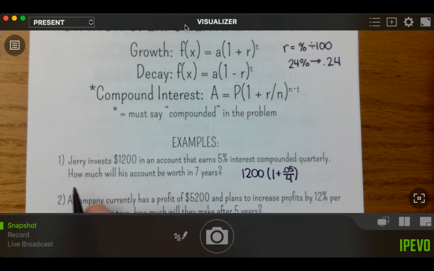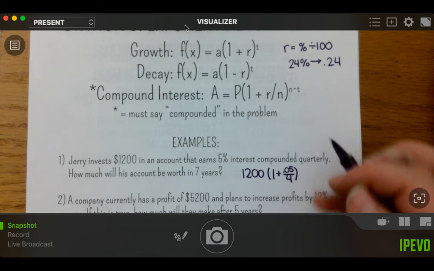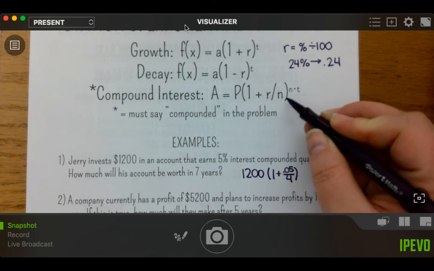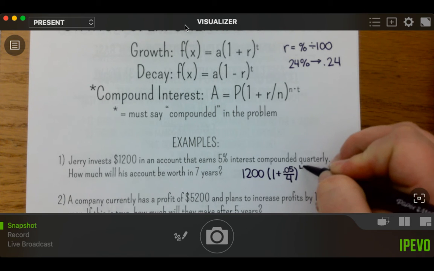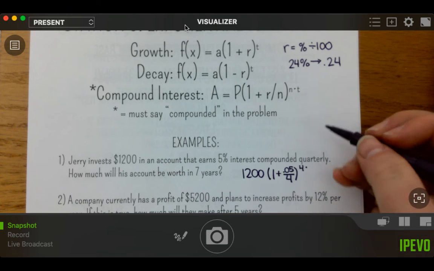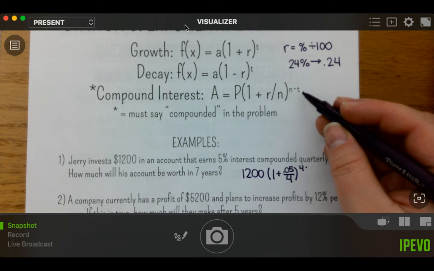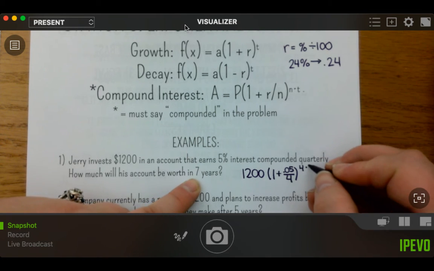And then it says how much will his account be worth in 7 years. The exponent is going to be the same number you had on bottom. So 4 times t, where t stands for time, 7 years.